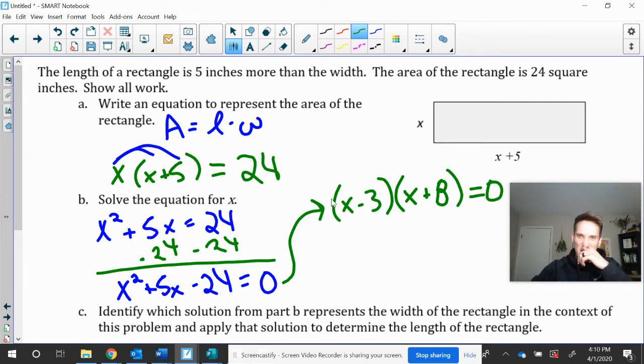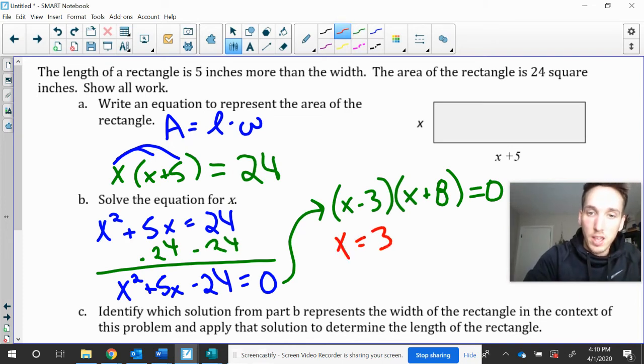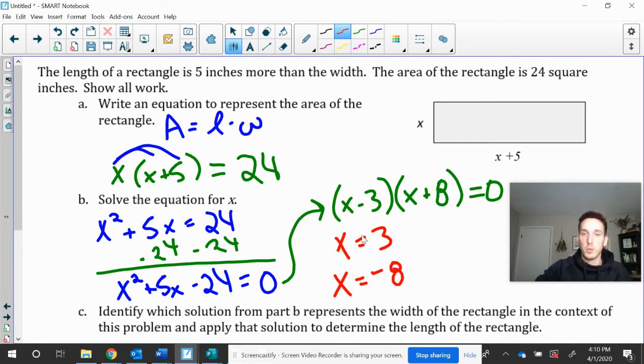Negative 3 times 8 is negative 24, and negative 3 plus 8 is positive 5. So those are my factors, and I'm going to start skipping this step now. That tells me x equals 3 and x equals negative 8, because we would split these apart and solve for each. Hopefully you're noticing that these just end up changing signs. x equals 3, x equals negative 8.